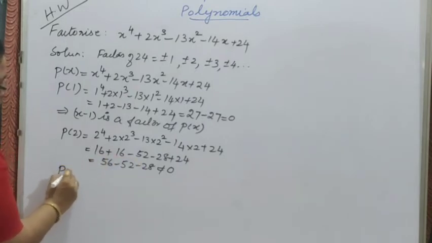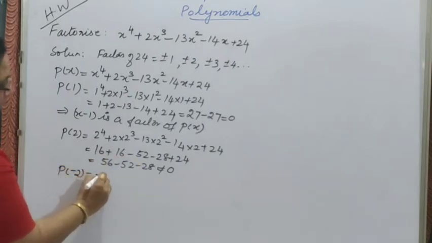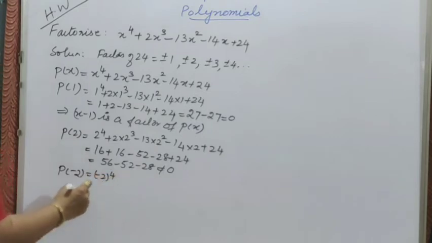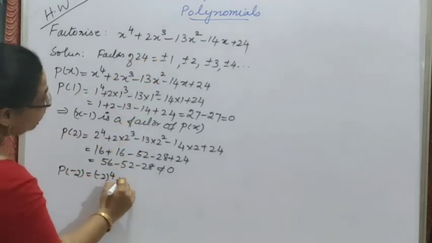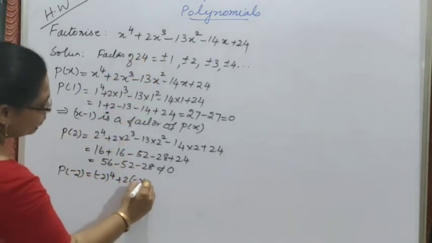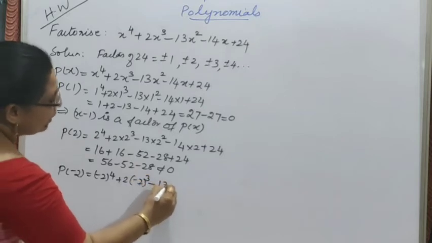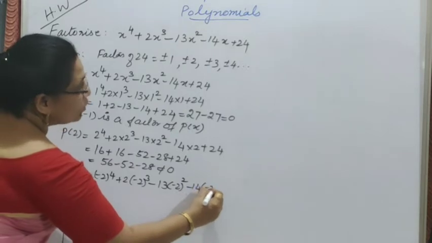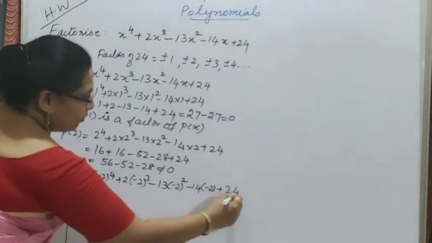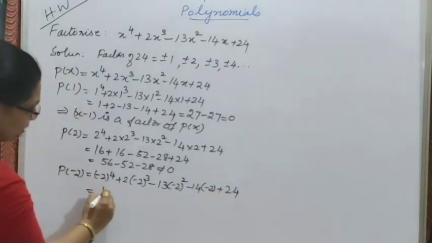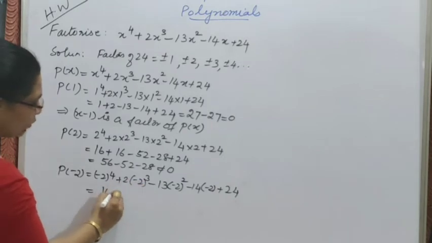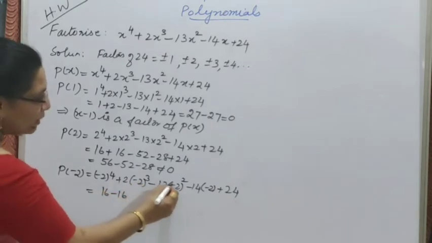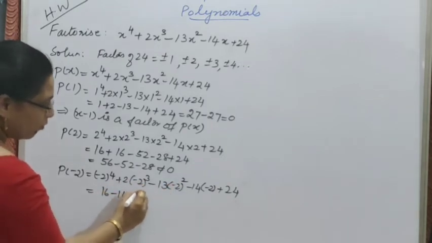Now p of minus 2 we are trying. Minus 2 raised to 4, 2 into minus 2 cube, minus 13 into minus 2 square, minus 14 into minus 2 plus 24. So it is 16, minus 8 into 2 minus 16, 13 into 4 already minus 52 only.